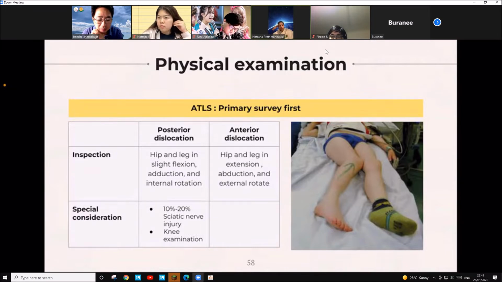Because there is adduction and internal rotation, and the hip and leg are in slight flexion. Yes, right. Okay, this is the classic picture, right? You should remember, whenever you see a patient in the emergency room in this posture, think about posterior hip dislocation. Okay, good.